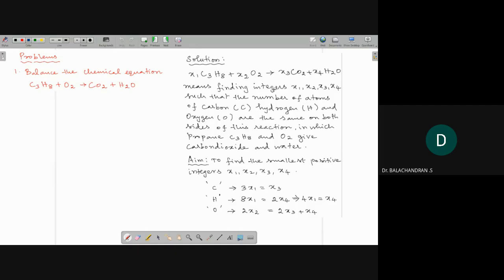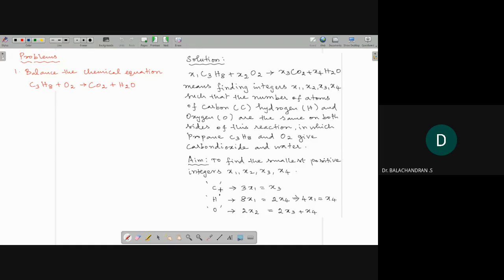This means finding the integers X1, X2, X3, X4 such that the number of atoms of carbon, hydrogen and oxygen are the same on both sides of this reaction. Propane C3H8 and O2 give carbon dioxide and water. So we find the smallest positive integers X1, X2, X3, X4.